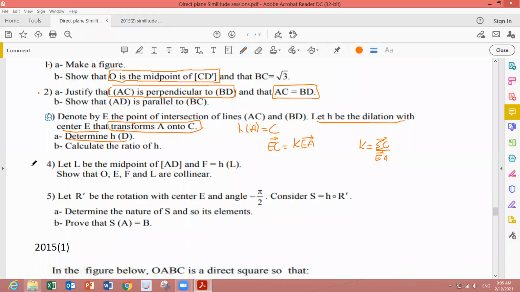Let L be the midpoint of AD, and F equal H of L. Prove that the points O, E, F, and L are collinear. So we have L is the midpoint of AD.